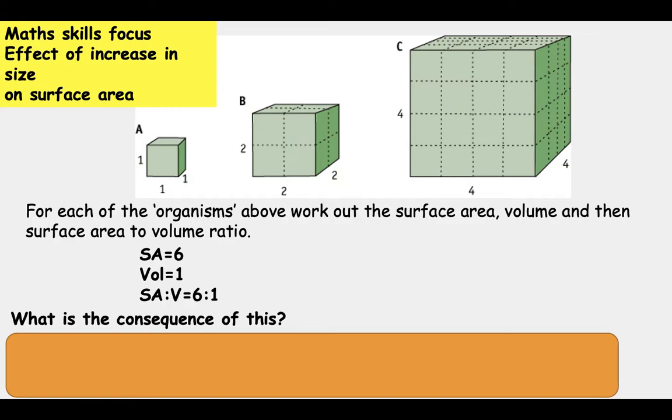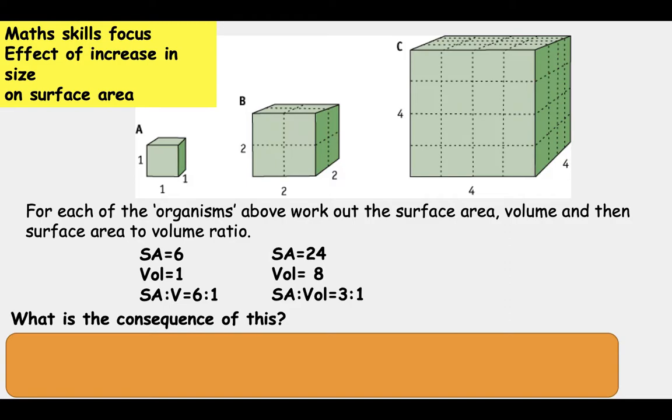The volume is the height times the width times the length, so that's 1 times 1 times 1, so my volume is 1. To work out the surface area to volume ratio, I do 6 divided by 1, because you do the big number divided by the small number, and that gives me a surface area to volume ratio of 6:1.